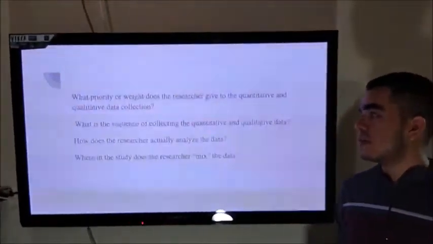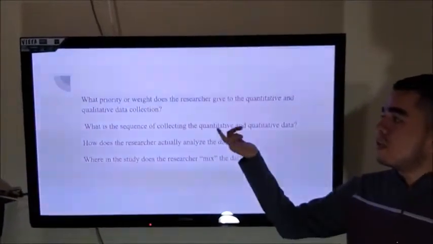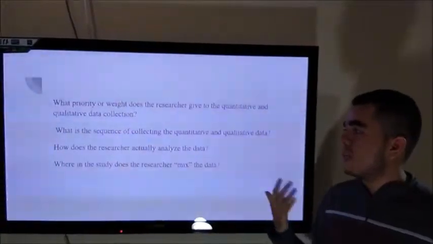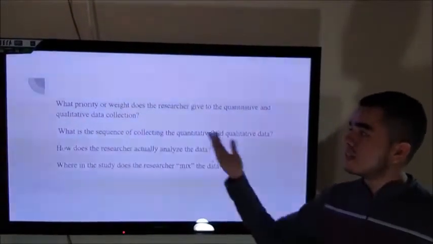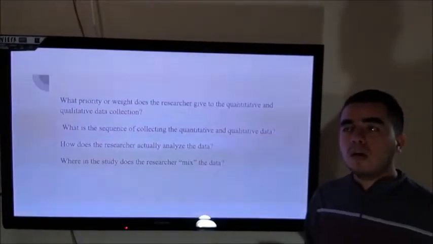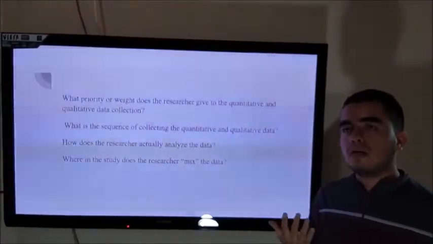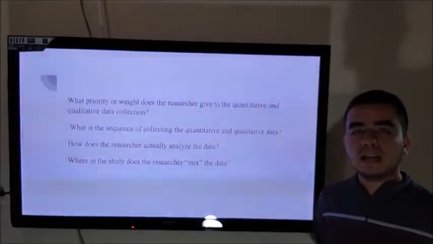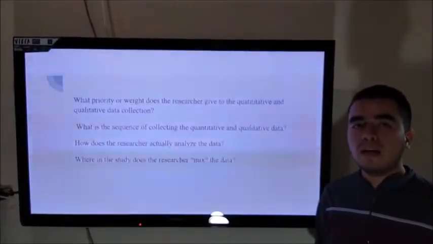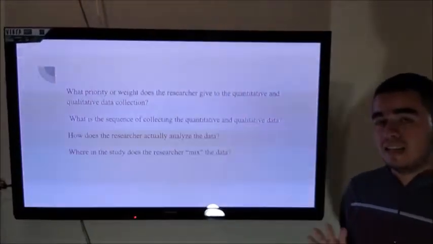You also start asking what priority or weight the researcher gives to the quantitative and qualitative data collection. This question is related to priority: which data collection has more importance when trying to address the problem related to the research topic in the study.